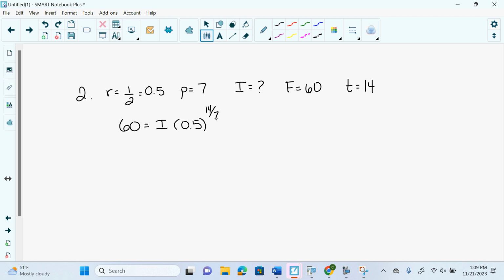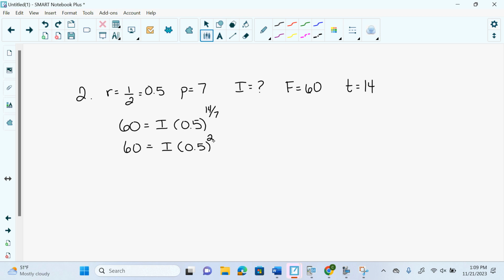So do I have to convert to a log? No, it's math. At this point, I'm just mathing, correct? I only have to convert it to a log if the variable's in the exponent, which it's not. So I go 60 equals I times 0.5 to the 14 over 7. What's 14 divided by 7? 2.